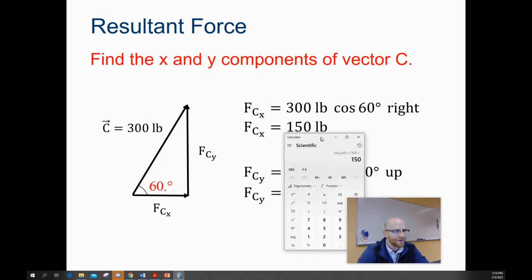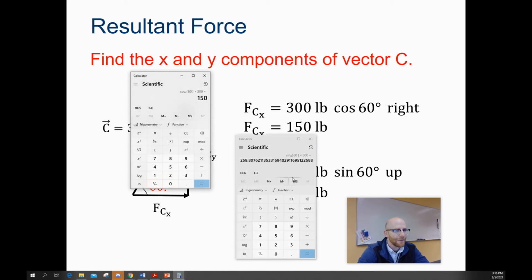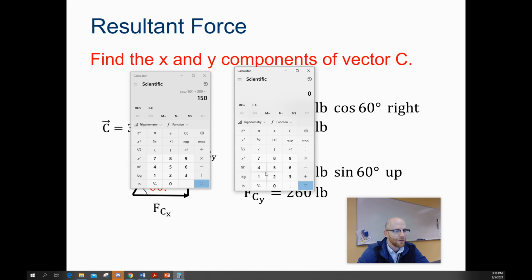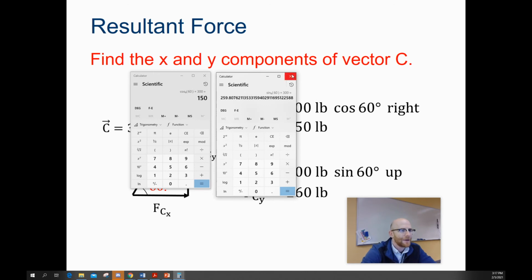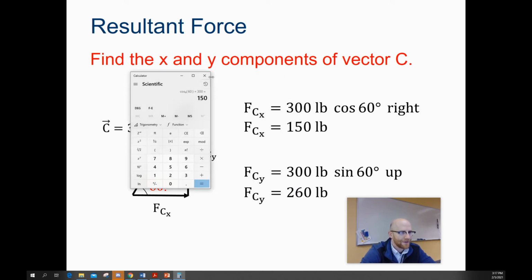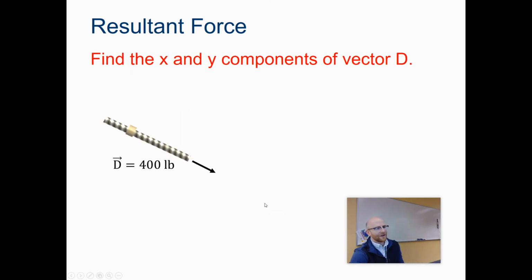We're left with 150 on the x-axis. What about the y, Mr. White? Well, okay, we'll do the y over here. So opposite over hypotenuse, sine of 60 multiplied by the magnitude, 300. So we have 259.8. They round it to 260. So 260 on the y-axis.